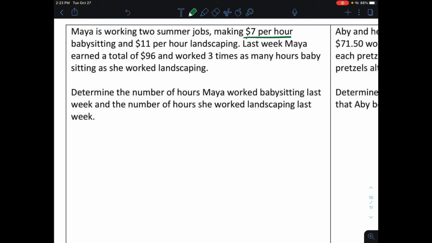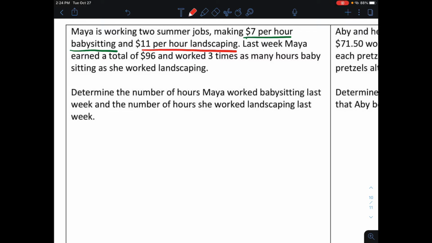So she makes $7 per hour babysitting, and she makes $11 per hour landscaping. And so that's what I have. And also, last week, Maya earned a total of $96 and worked 3 times as many hours babysitting as she worked landscaping.